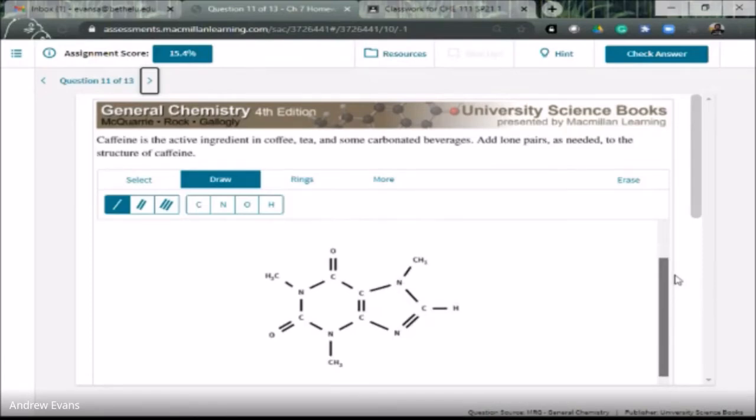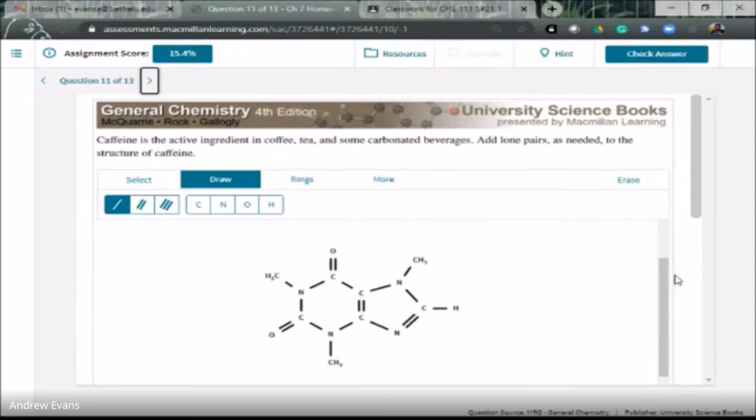The easiest way to put the lone pairs on is count the number of things you see coming off the atoms. How many bonds do you see coming off the atoms? Remember, carbon has 4 valence electrons. It wants 4 bonds. Nitrogen should have 5 valence electrons.